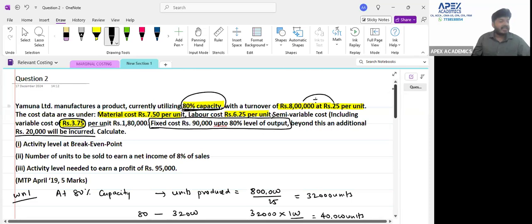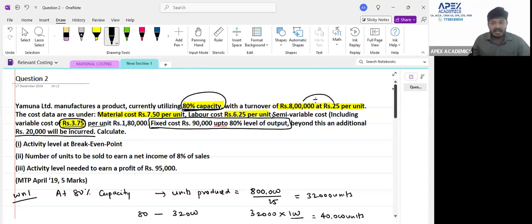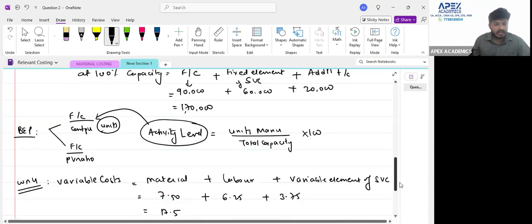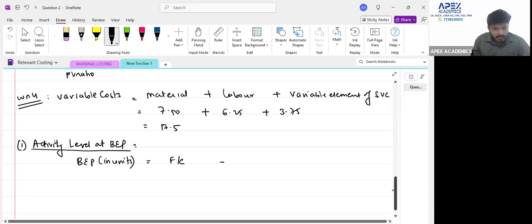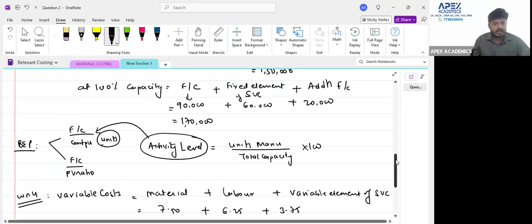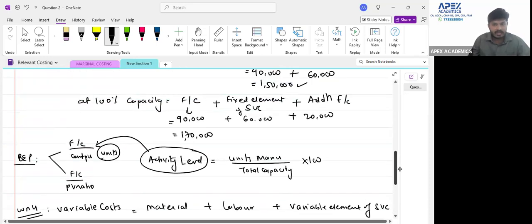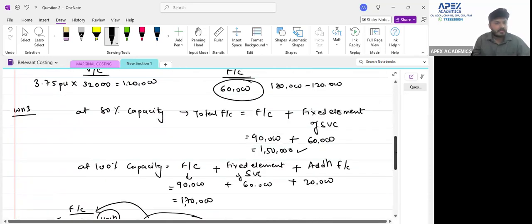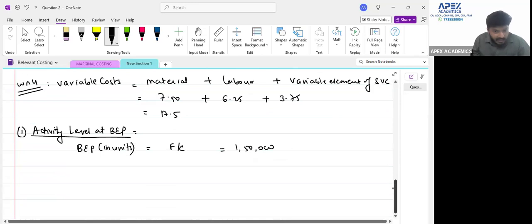My existing data is for how much capacity? 80% of the capacity. So here, my fixed cost is equal to 1,50,000. Here you go. 1,50,000 here at 80% capacity. Right? This will be divided by what? This will be divided by contribution per unit.